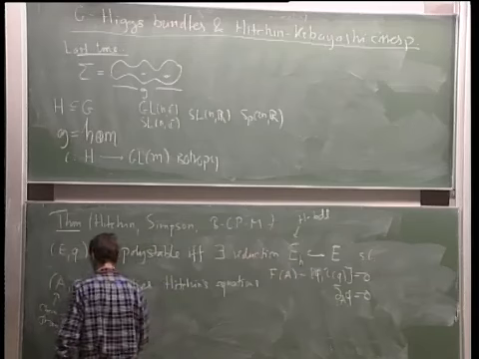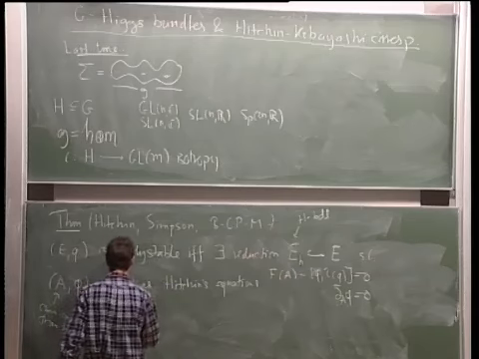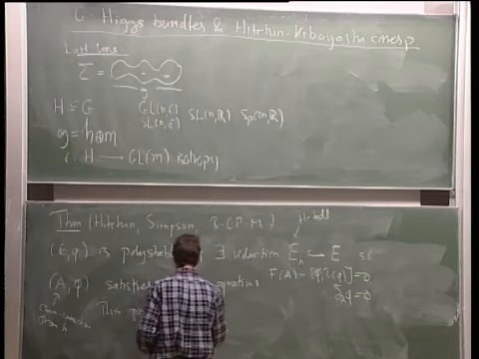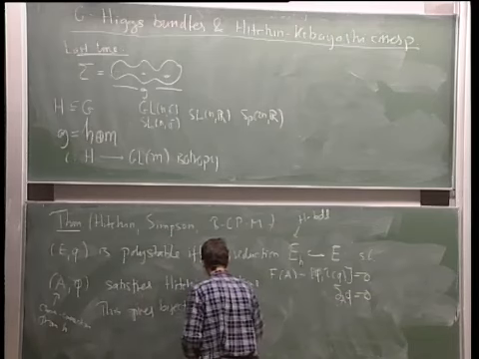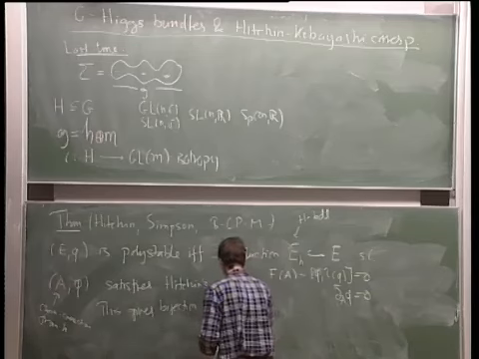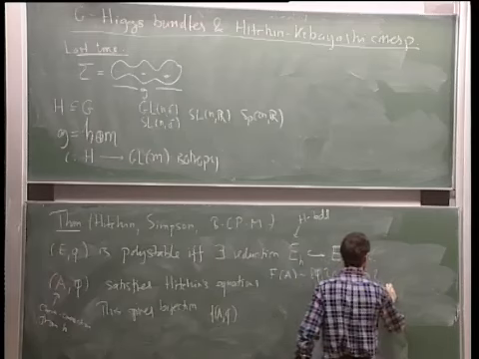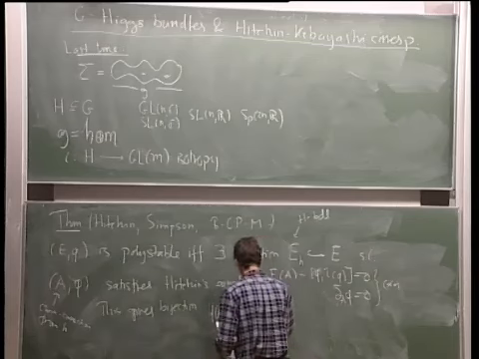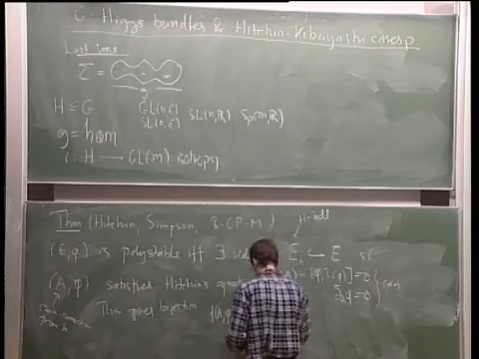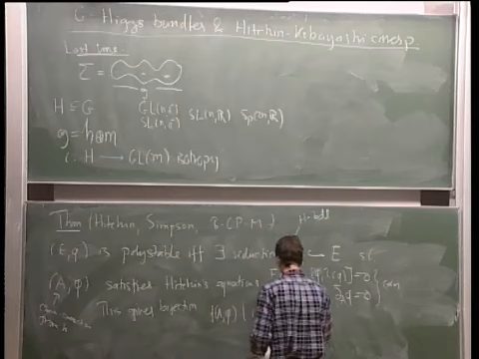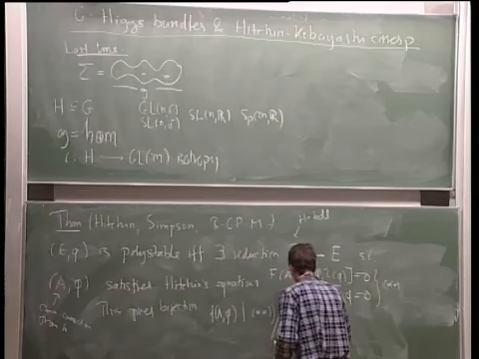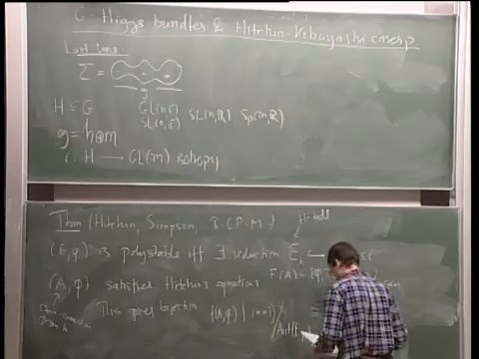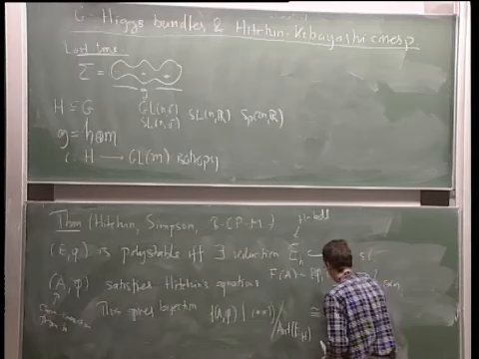Moreover, this gives a bijection between pairs (A, phi) satisfying Hitchin's equations modulo H-gauge equivalence and the moduli space of G-Higgs bundles.